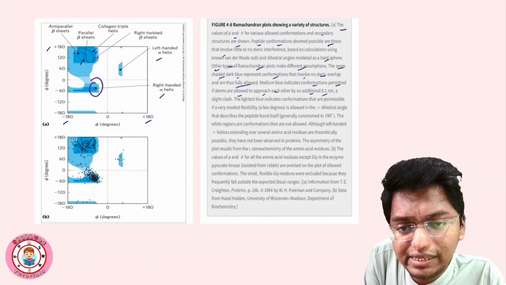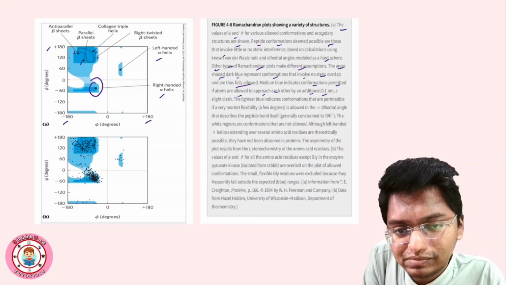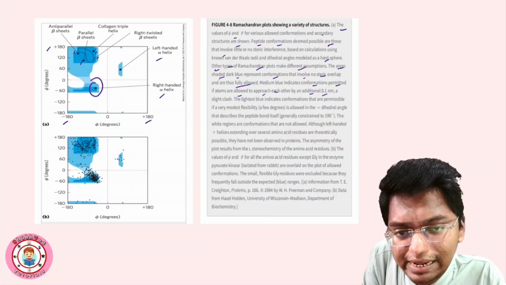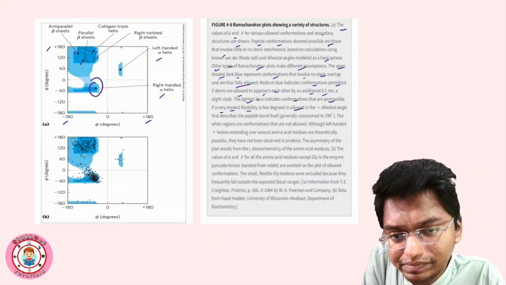That means if they approach, those values are allowed on a slight clash. See, the lightest blue indicates conformations that are permissible if a very modest flexibility is allowed in the omega dihedral angles.